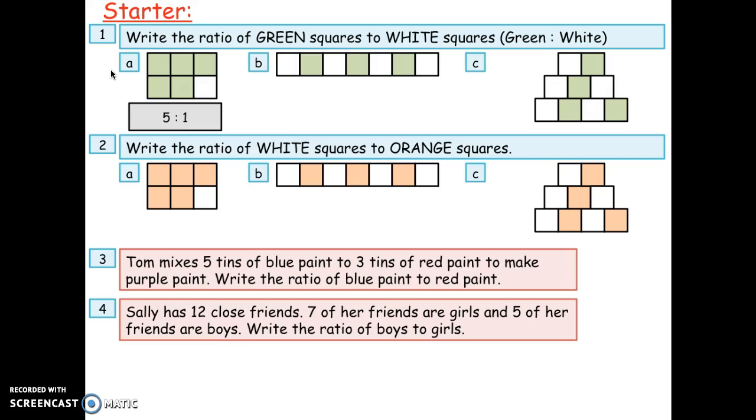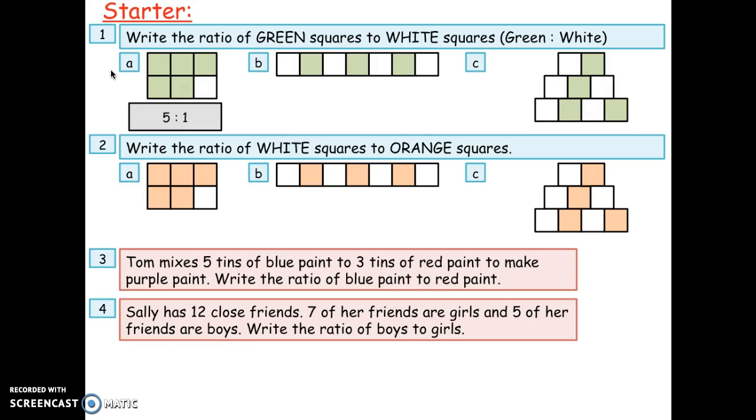The same exact concept is applicable to all of number 1 and number 2. Let us look at one more together. Number 1b. Is it 4 to 7? Is it 7 to 4?